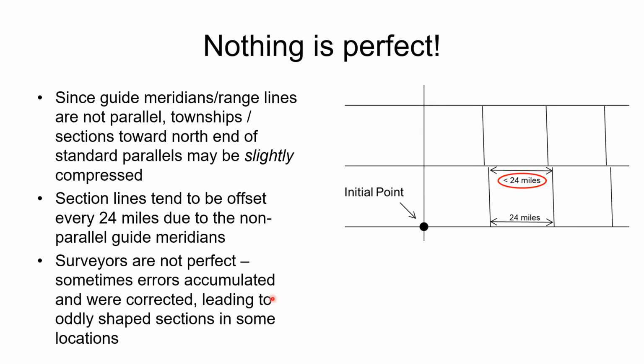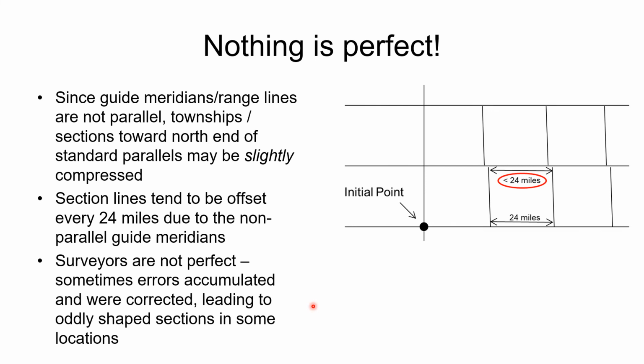And then the final point I want to make is that, again, these surveyors were out in the woods, in the wilderness, doing this work with analog tools, and sometimes there were errors, either due to inaccuracies of the tools or due to mistakes. And sometimes when they corrected those mistakes, they basically folded all the error into a section in the corner of a township.